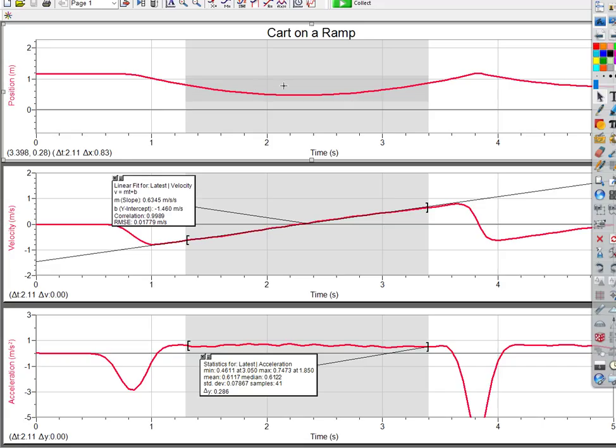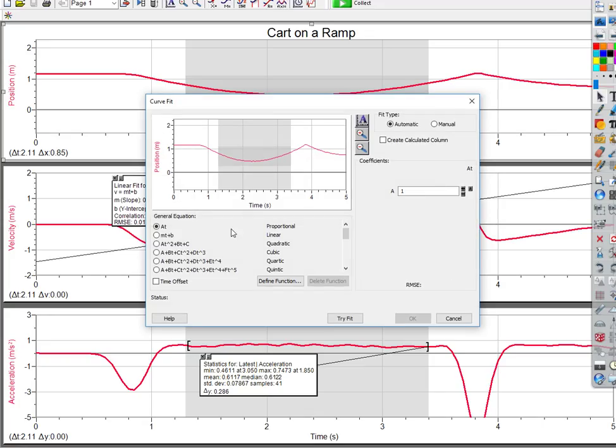So if I take that little bit right there and I want to do a fit, let's see, curve fit. I'm going to hit curve fit, and I want it to be quadratic. So that's going to be this one right there, ax squared plus bx plus c, only we're using t's instead of x's. Everybody agree?